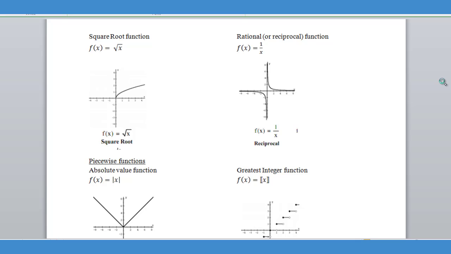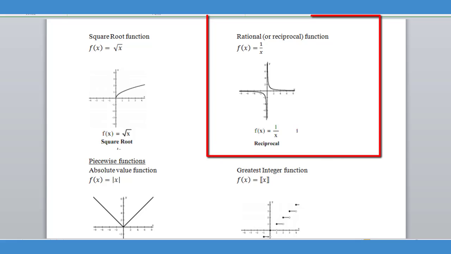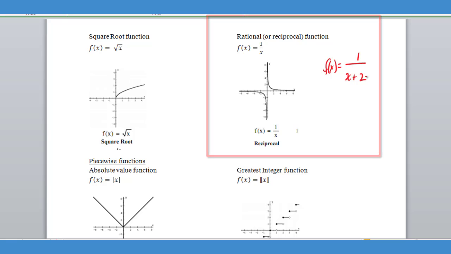Now this other one, the rational function, is a little bit new to us, sometimes called the reciprocal function, because you can see that the reciprocal of x would be 1 over x, and so we have the reciprocal function. Now keep in mind that if we were to say x plus 2 on the bottom, that's no longer a reciprocal of x, it's now what we would call a rational function, but the shape of the graph is still similar to what you see in the reciprocal function.